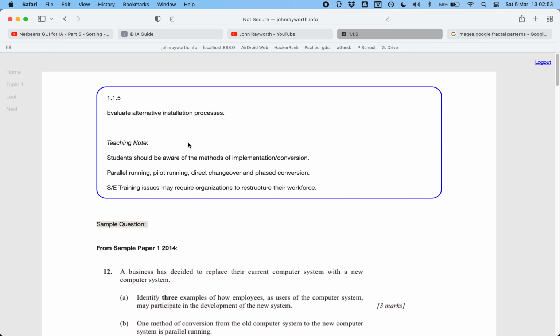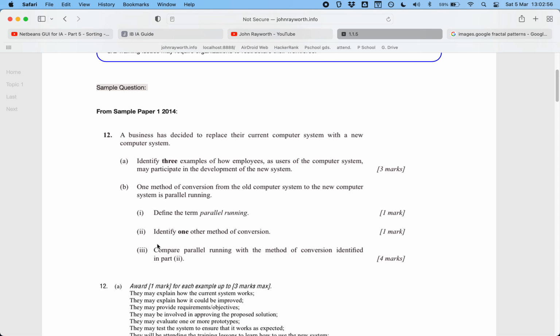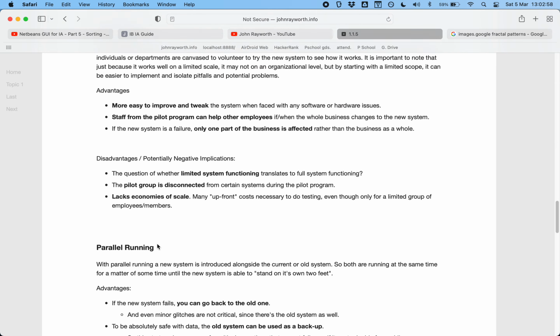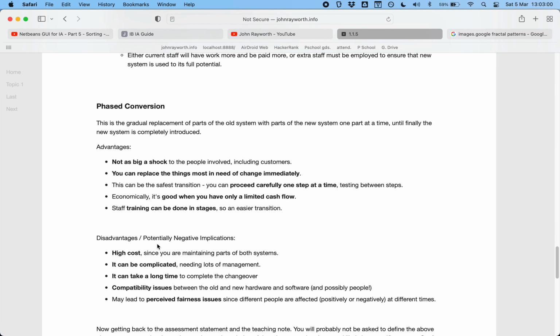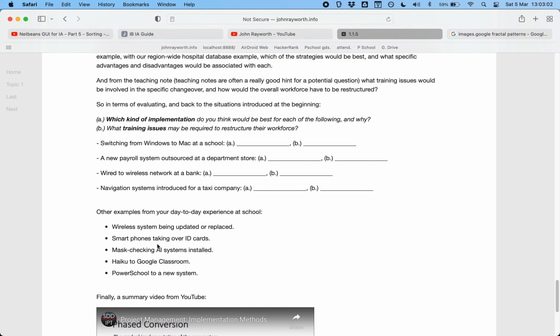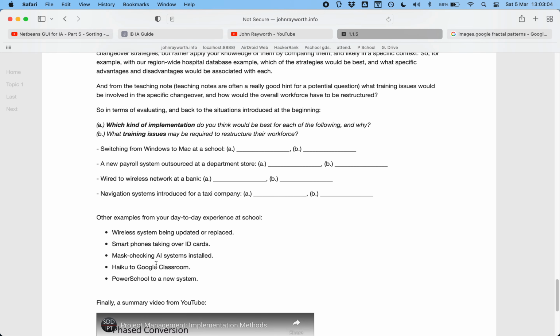And so the question is, if you're implementing a new system, what did I use as the examples in class? I used the mask checking AI systems that were installed last year at our school, and I also used, I think, the idea of going from Haiku to Google Classroom.